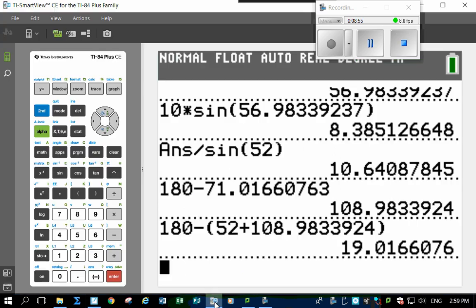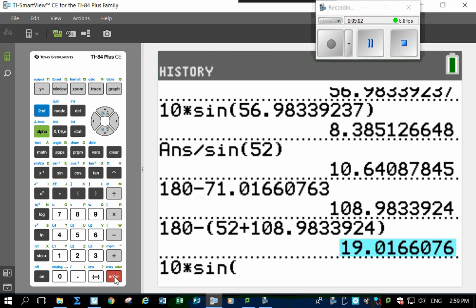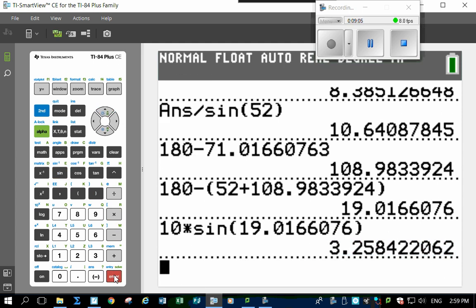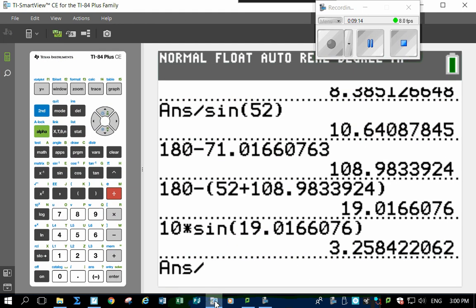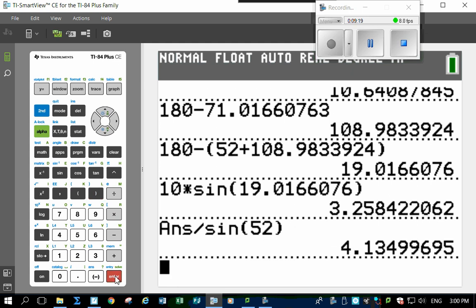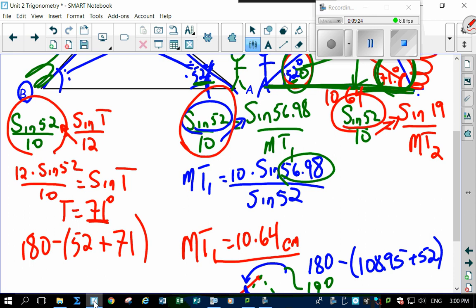Okay, 10 times the sine of 19, hit enter, gives you a value, divided by the sine of 52. And your new distance works out to be 4.13 centimeters. So 4.13 is our MT2, 4.13 centimeters.